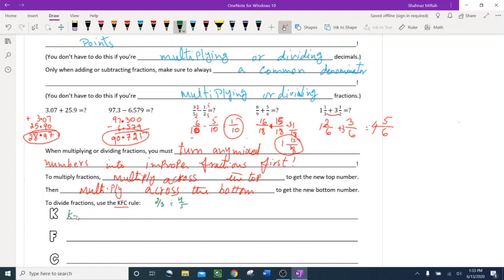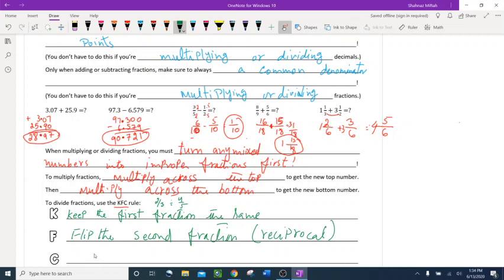K means keep the first fraction the same. F means flip the second fraction, which means reciprocal I'm talking about.